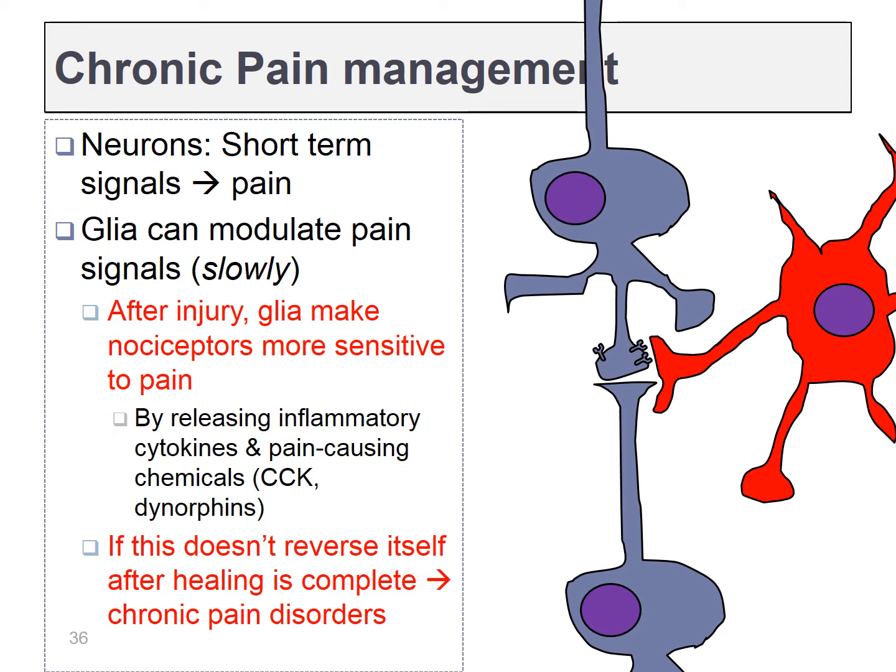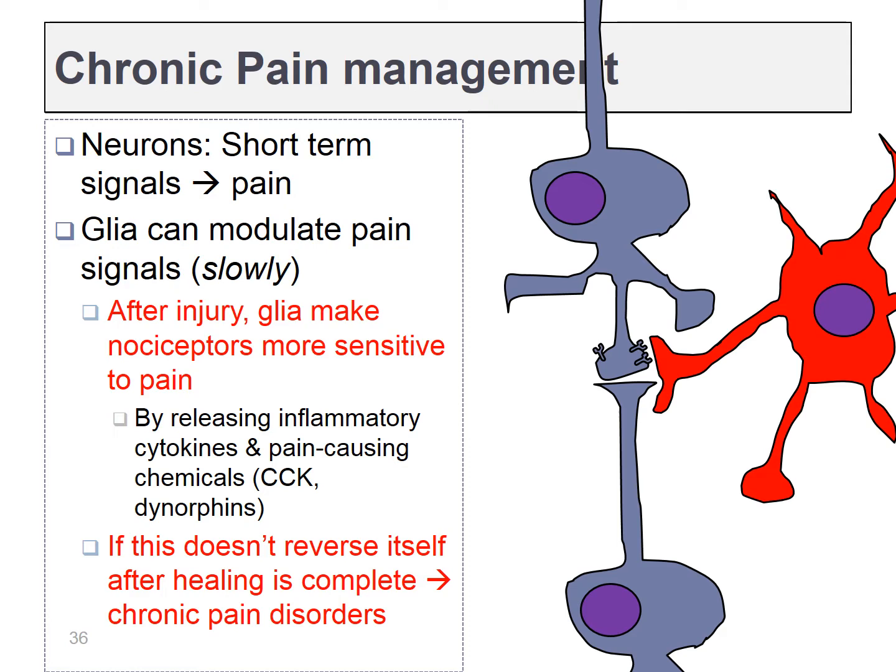Moving on in chronic pain management, my prediction is that we're going to have to pay a lot more attention to the cannabinoids and some other chemicals that are released by glia. It turns out that pain signals, for instance, being transmitted from the second order to the third order neuron, can be modulated by the activity of glia, like astrocytes.